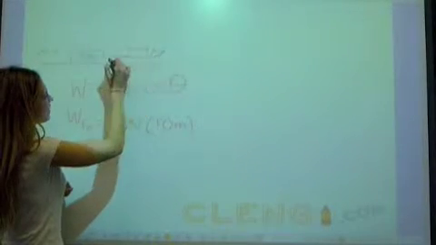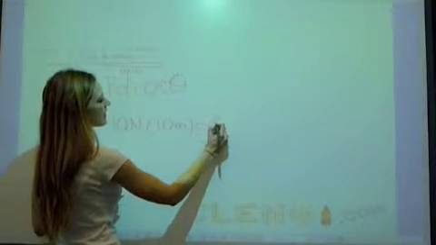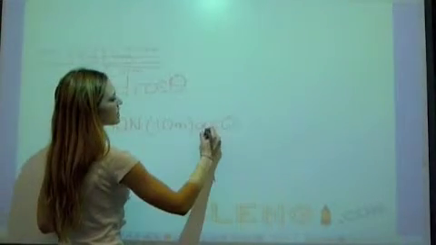We're going to do the force, 10 newtons, times 10 meters, times this distance. We bring it up through the force. The angle between those two is just 0, so cosine of 0 is equal to 1.